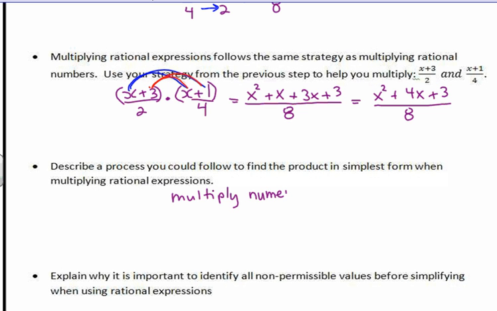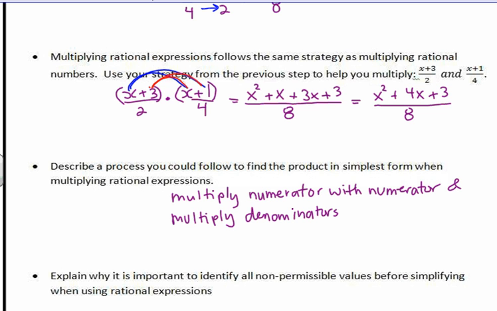So multiply numerator with numerator, and multiply denominators with denominators. Then after we do that, we're going to simplify.